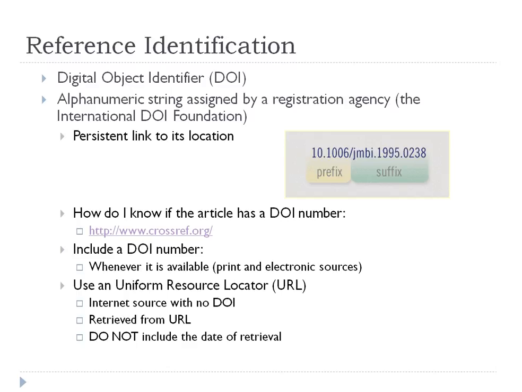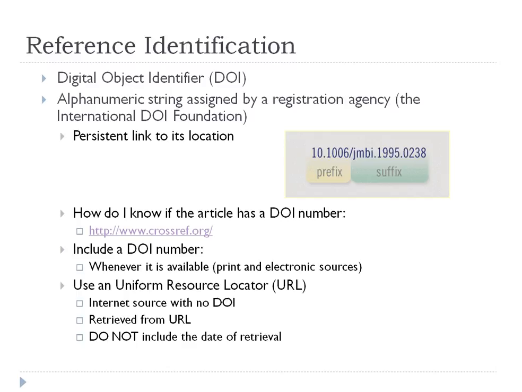Now, you know that sometimes if you put down a URL number, not all the time when you go back to that URL number are you able to locate the article. But in this instance, if you have a DOI number, you'll always be able to find that article. That's always going to exist.